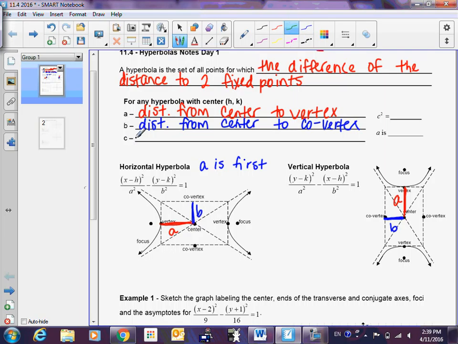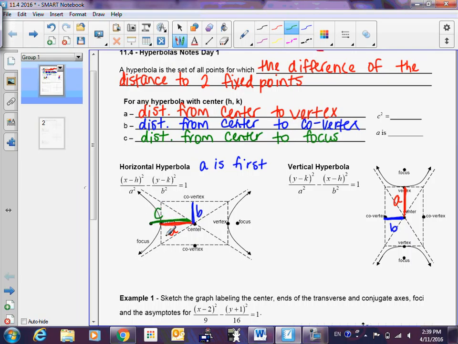Okay, let's talk about a focus. Oh, there was a blank for us to put that in right there, and I forgot. Okay, what is C? The distance from the center to the focus. Okay, so look at where this focus is. And I'm going to kind of draw this slightly above. See how C is bigger than A?